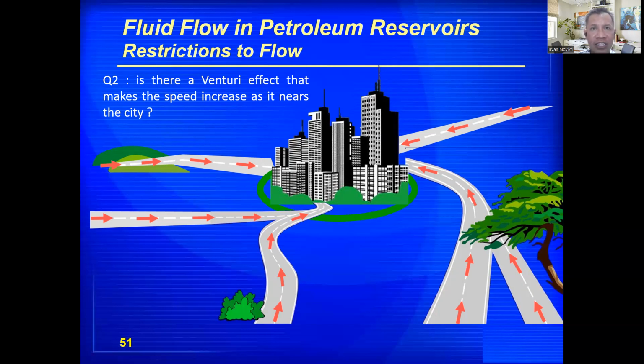You have a given volume in the reservoir, and now you are starting to move that same volume into a much more confined area, and you have not only grains in the formation but also particles in the proppant portion of the hydraulic fracture. So it's not really a Venturi effect.